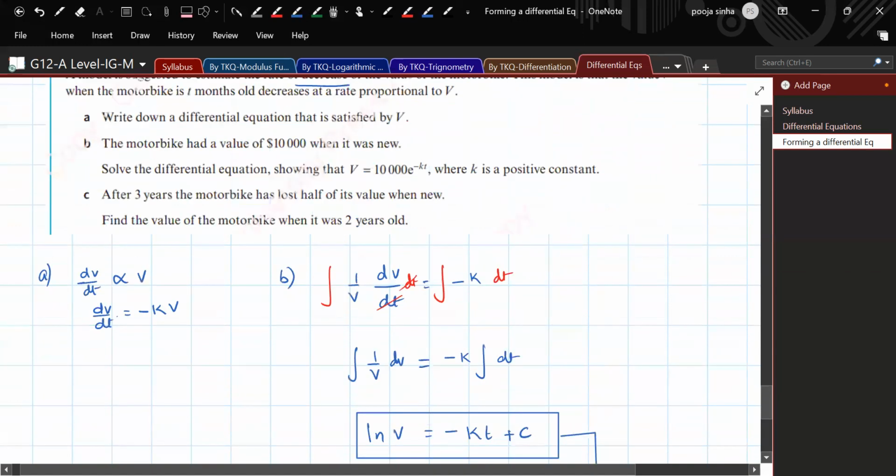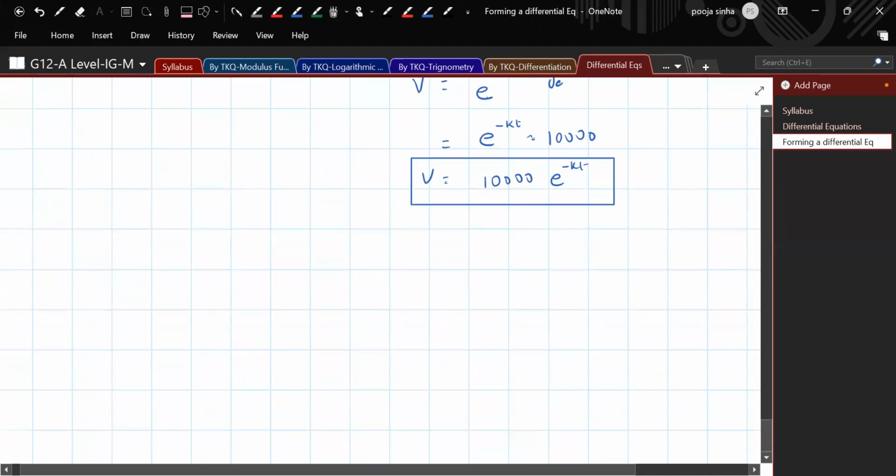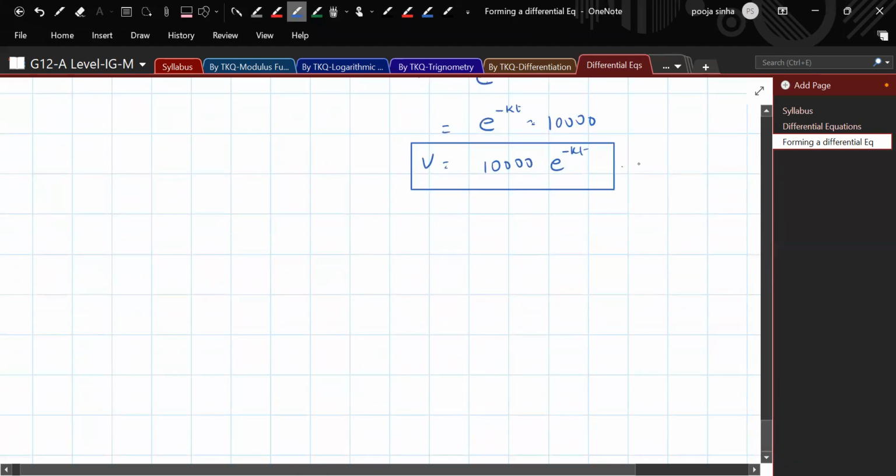Now the last part. After 3 years, the motorbike has lost half of its value when new. Find the value of the motorbike when it was 2 years old. After 3 years, this becomes your solution: 5,000 at 3 years.